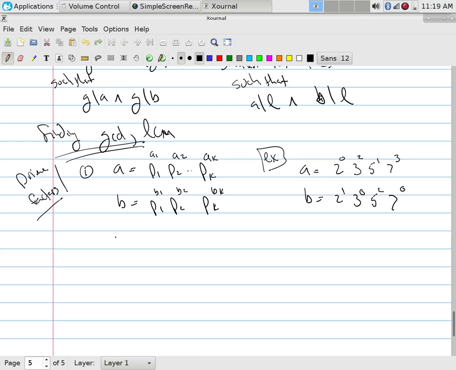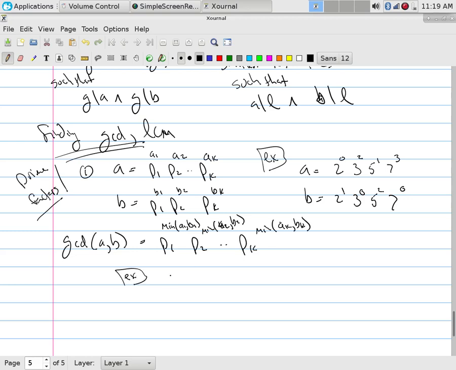If this is true, then the GCD is easy to find. For the GCD, you take the primes that you see and ask what's the minimal exponent between them. So for our example, what is the GCD of A and B?